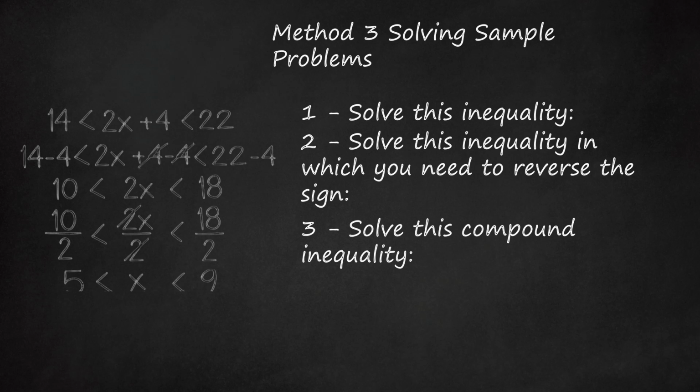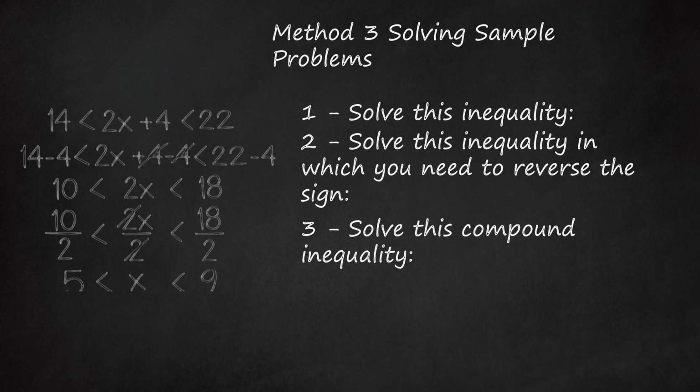To isolate the variable, subtract 4 from all three parts: 14 - 4 < 2x + 4 - 4 < 22 - 4, so 10 < 2x < 18.